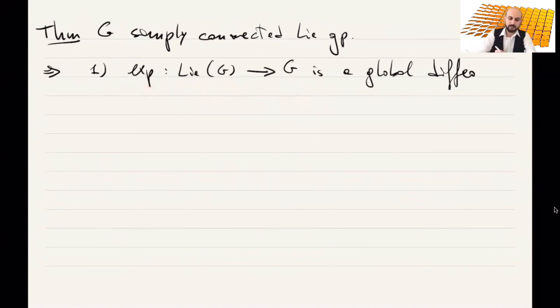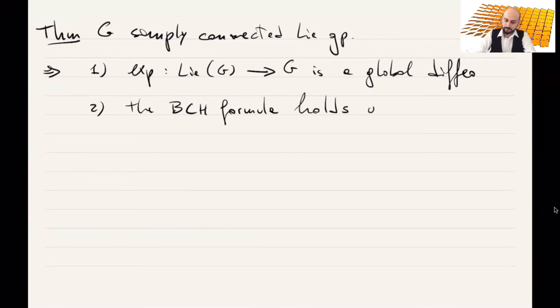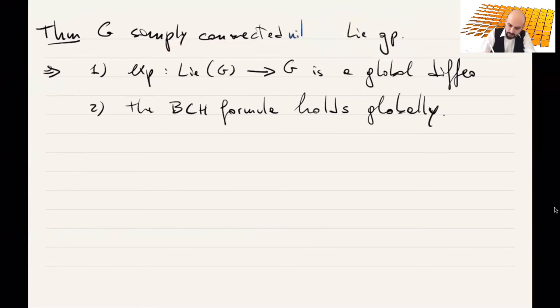Instead, here this will really be a global diffeomorphism. Second fact, the Baker-Campbell-Hausdorff formula holds globally. Remember, we have this assumption simply connected, and I forgot to write nilpotent, right? Otherwise it's not true. So nilpotent. Okay, it's important.